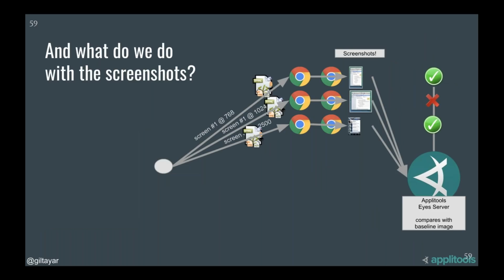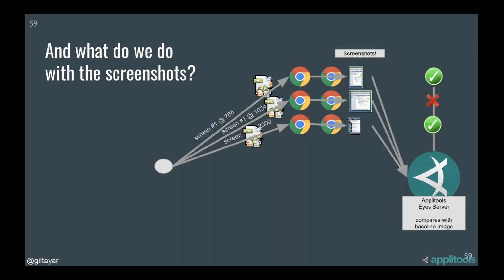What do we do with those DOM snapshots? Well, as I said, we create screenshots, and then because we're Applitools, we send them over to the Applitools iServer. The Applitools iServer knows how to compare those screenshots with the baseline screenshots we took before in the first test. And that's where the false positives and false negatives go away, because there are really sophisticated algorithms in the Applitools iServer that know how to deal with all those problems.